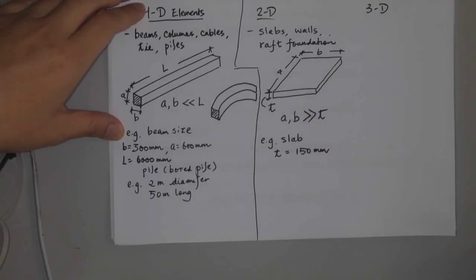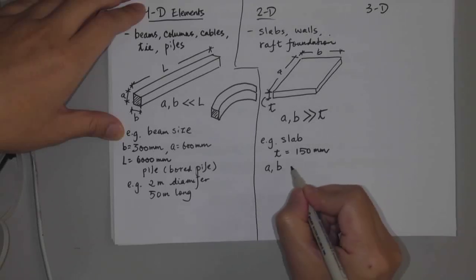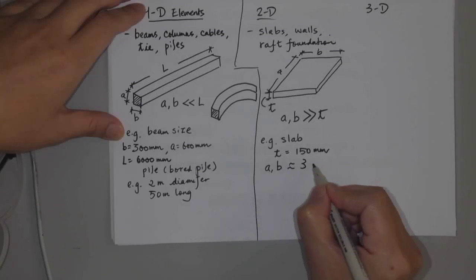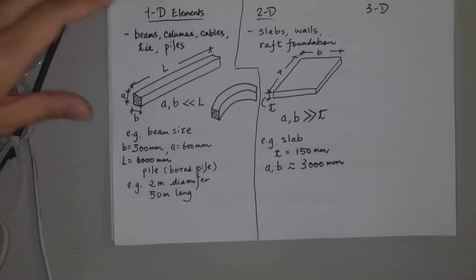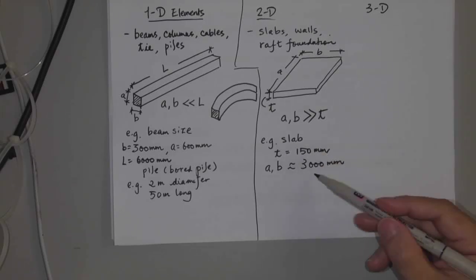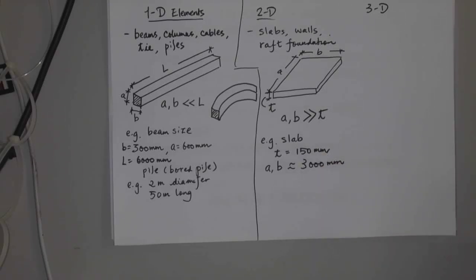Let's say 3 meters, 4 meters. So a and b could be 3 to 4 meters. That is 20 times. It's much larger. That's what we mean by much larger.